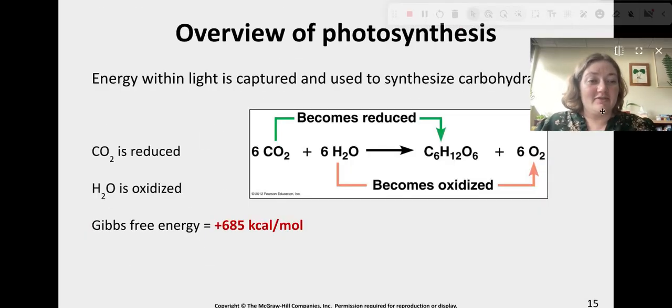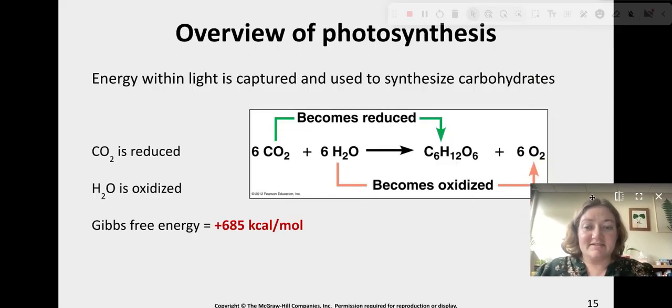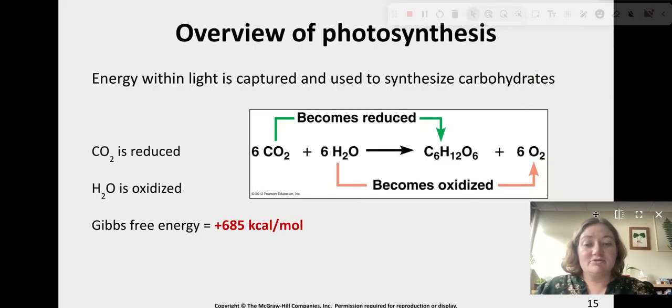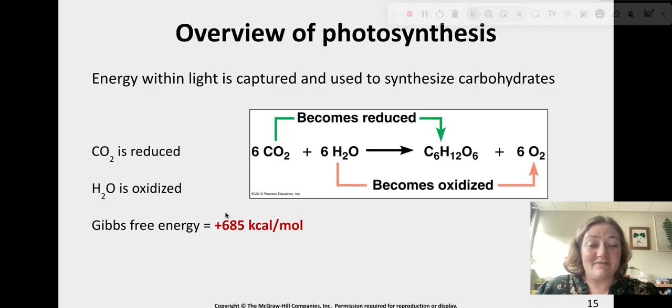All right, so if we look at the overview of photosynthesis here, we're essentially capturing the energy within light in order to make glucose molecules. Right, so if we're looking at this equation, we see CO2 becomes reduced and water becomes oxidized. Now this whole process has a change in Gibbs free energy of positive 685.